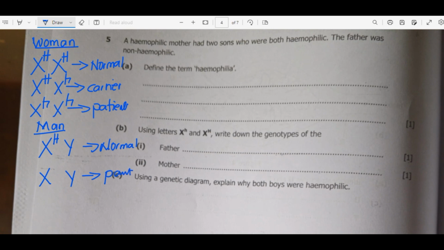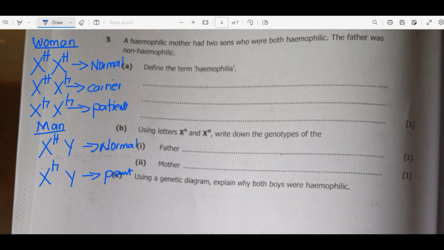There is nothing like a carrier, because for a condition to be a carrier, we need a capital letter and a small letter. Since the Y does not carry the defect, we can't have a situation where we have a capital letter and a small letter. So if you are able to have this information about these sex-linked characteristics, then you never fail any question.